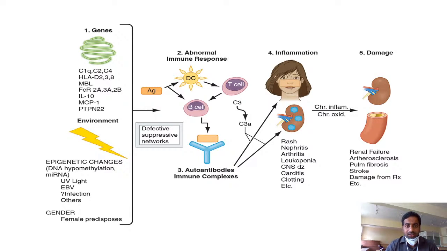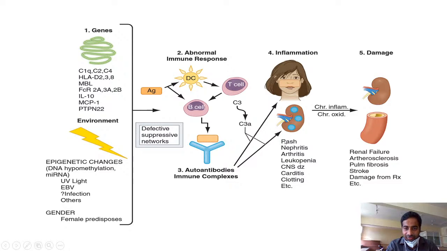I've already told, all these environmental and genetic factors lead to an abnormal immune response, which leads to activation of B cells that lead to production of autoantibodies like ANA, anti-dsDNA, and T cells. It will lead to activation of C3 to C3a and C3b, that will lead to increased inflammation.